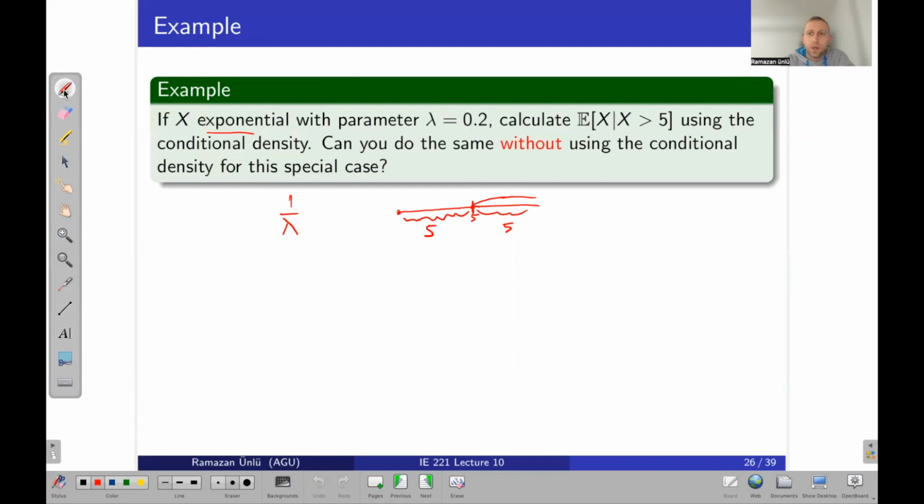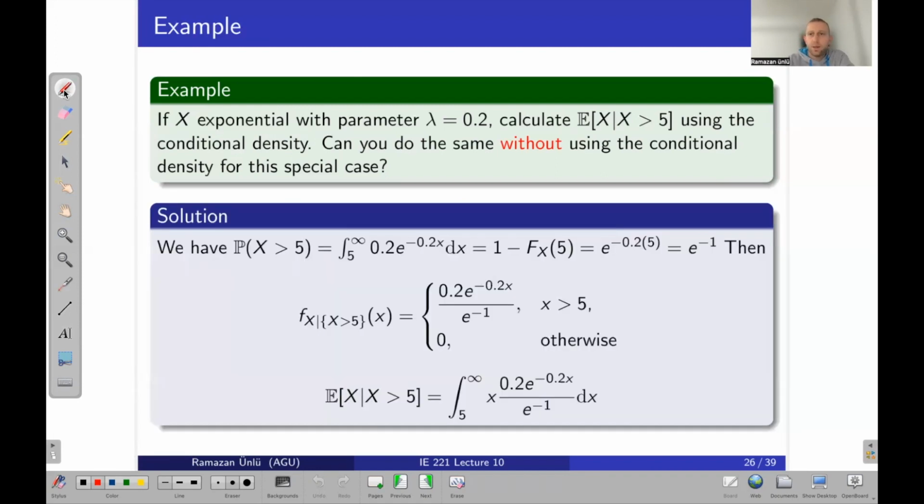But now let's do that using the math, by using the given formulations. The probability of x greater than 5 is simply the integration of the PDF of x over the domain 5 to infinity, because x is greater than 5, so we have to start from 5.